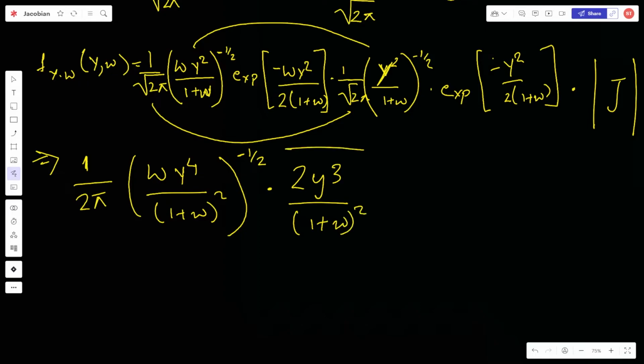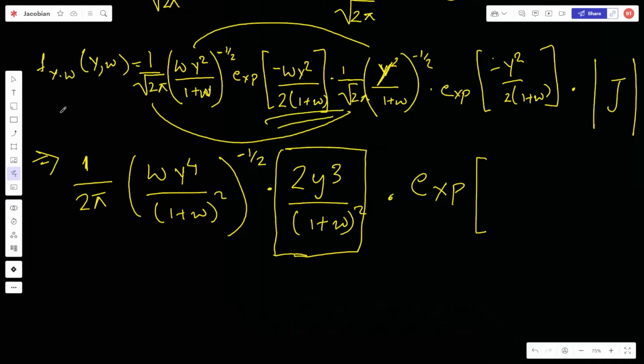This is the absolute value of Jacobian that we are substituting in, and all of this value is being multiplied by the exponential function, or e to the power. So let's combine these two, and when we combine those two, you're going to get negative y squared divided by 2.